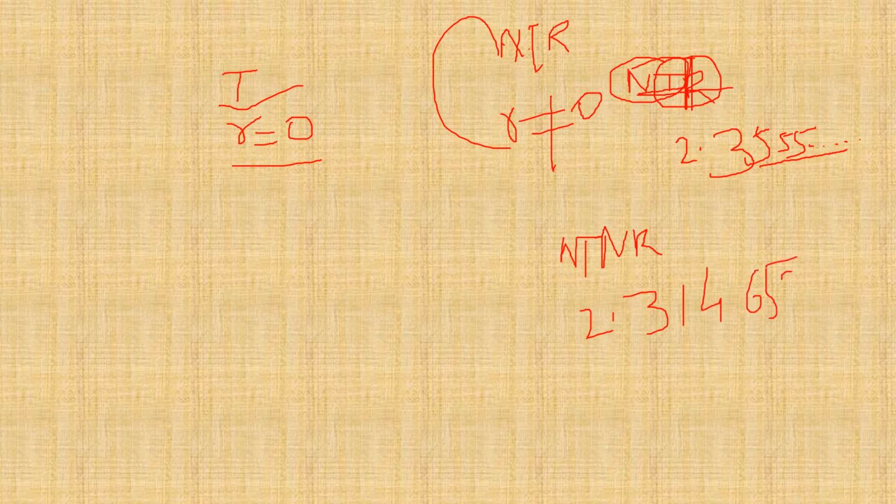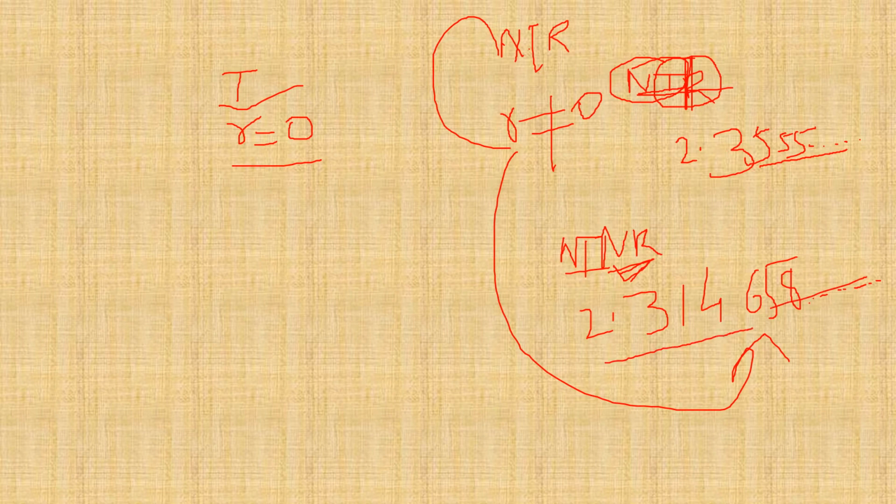Here there is a continuation of the digits. When will there be continuation of the digits after the decimal? When the remainder is not equal to 0. Such numbers are called non-terminating non-repeating, meaning there is no repetition, and the others are called non-terminating repeating.